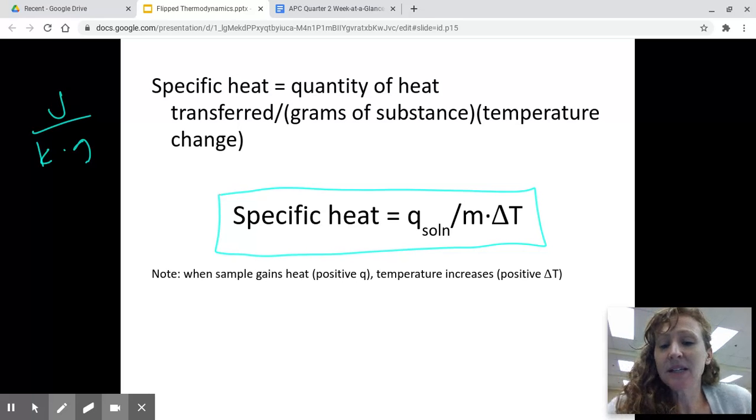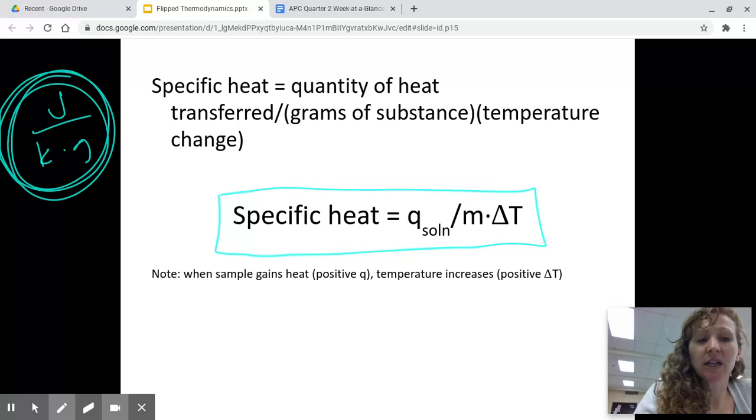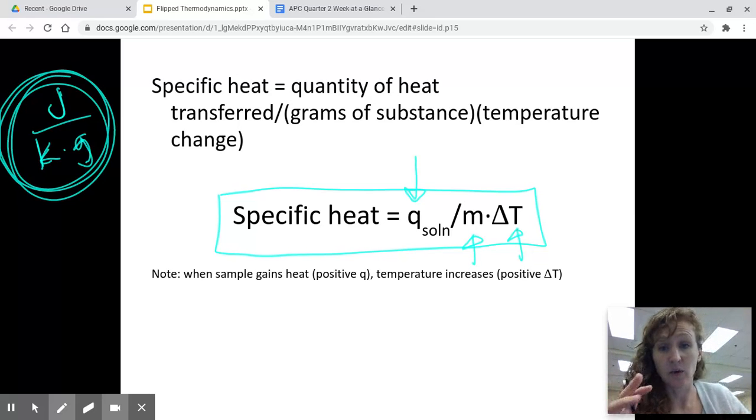We're looking at each of these components in a measurable way and putting them together to calculate the specific heat capacity. If you can figure out the heat change of the solution, divide that by the mass of your substance and the temperature change that has occurred, you calculate the specific heat capacity of your substance.